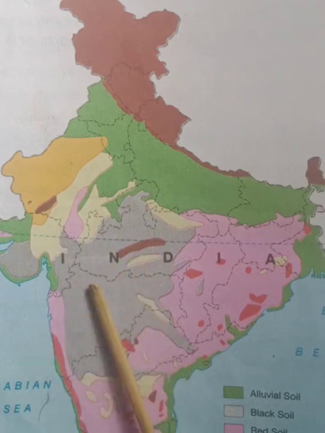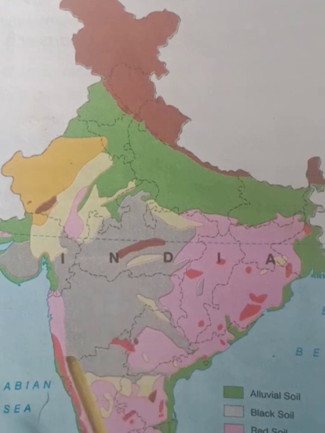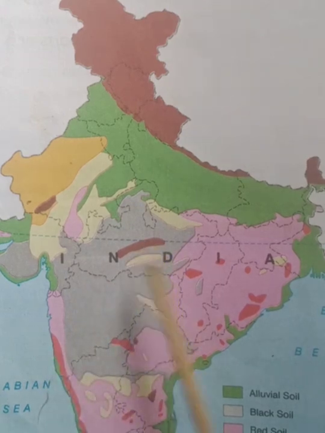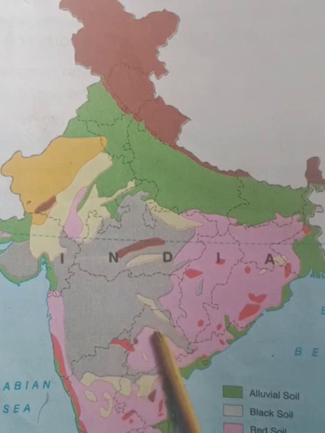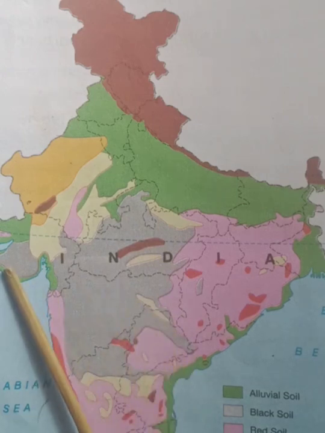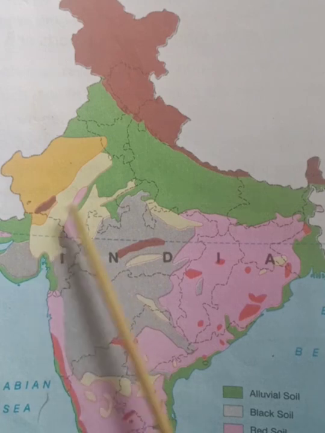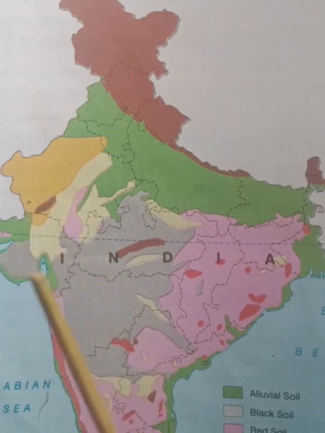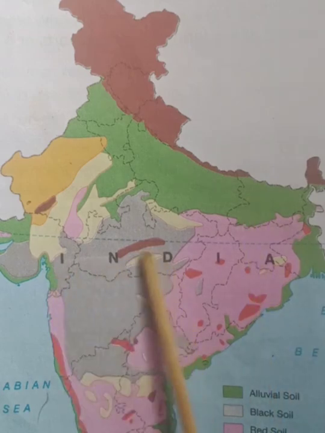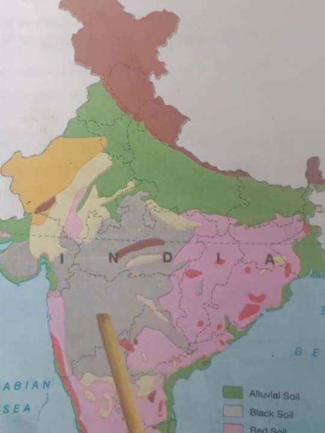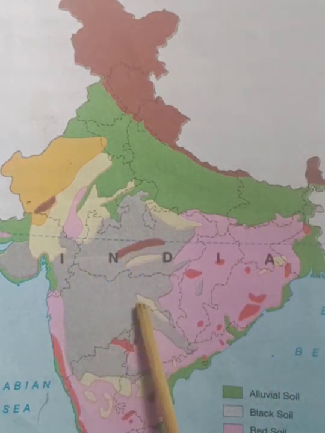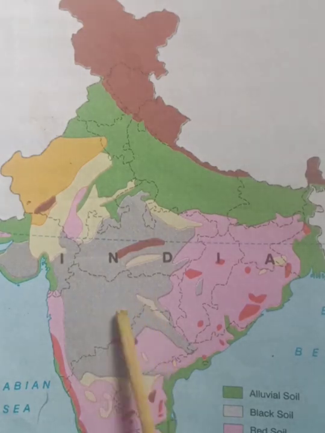Where do we find the black soil? Maharashtra, Madhya Pradesh, part of Telangana, Andhra Pradesh, Gujarat, part of Karnataka and Rajasthan. So it is very good to grow cotton and sugarcane.